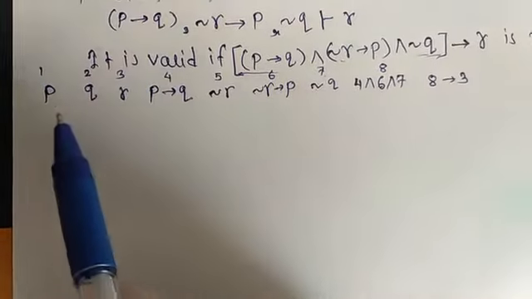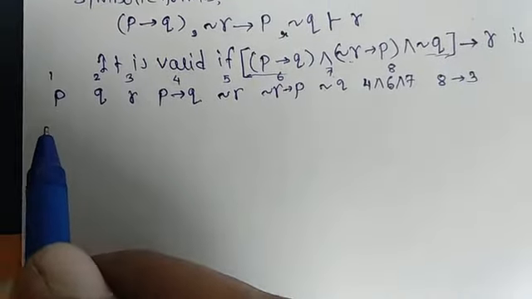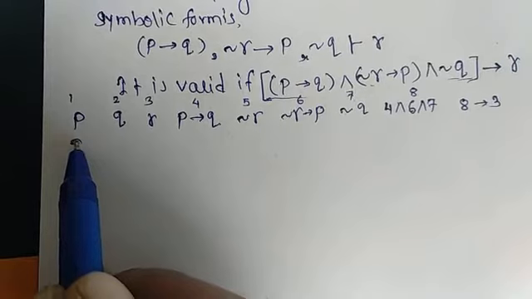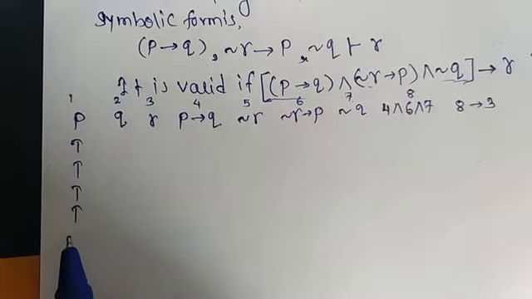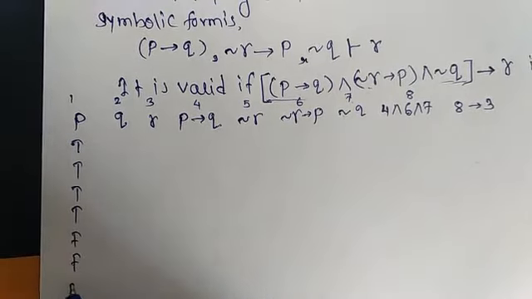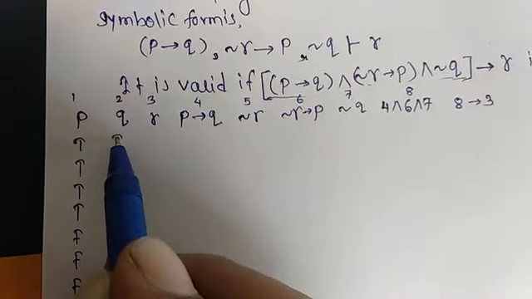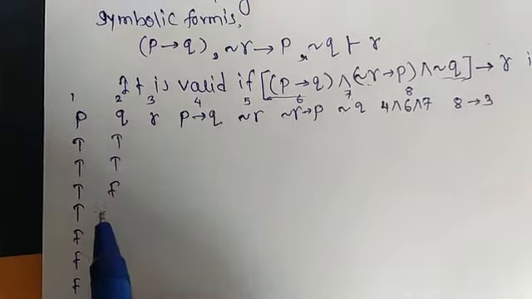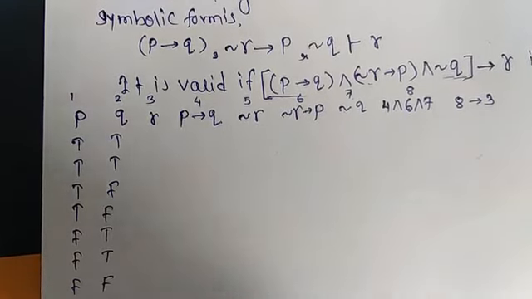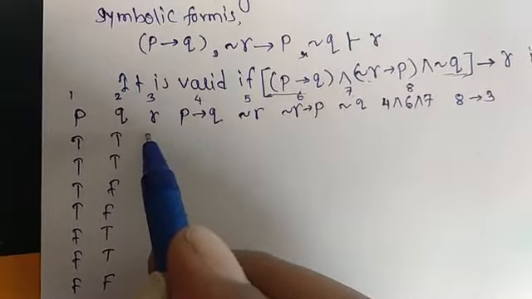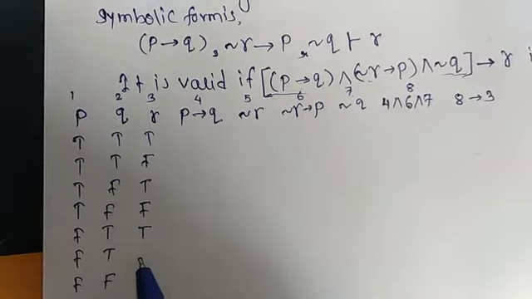Now there are 3 statements in this question, so there are 8 possibilities. So the truth table will be of 8 rows. For P, the first 4 are true, and after 4 they are false. Next, in the second column, 2 true, 2 false alternately. After that R is alternately true, false, true, false.